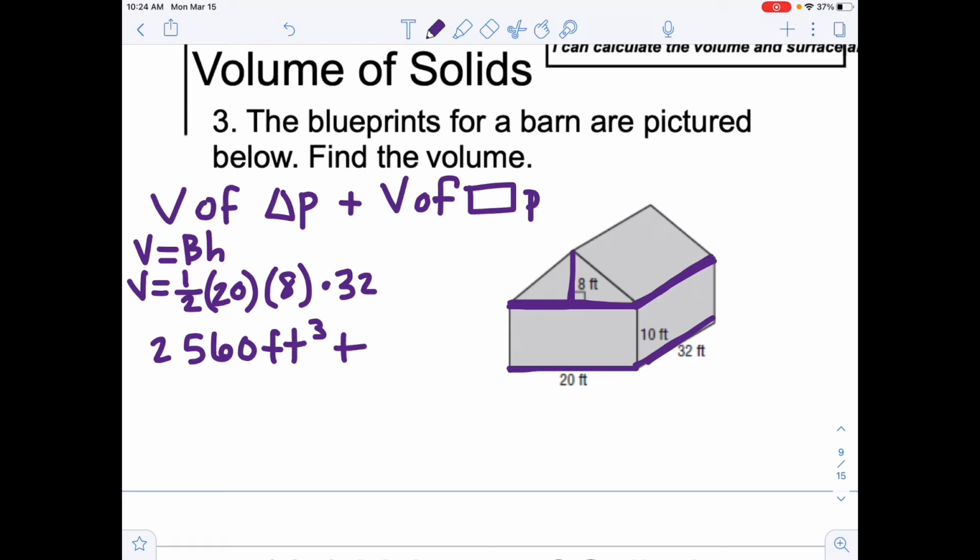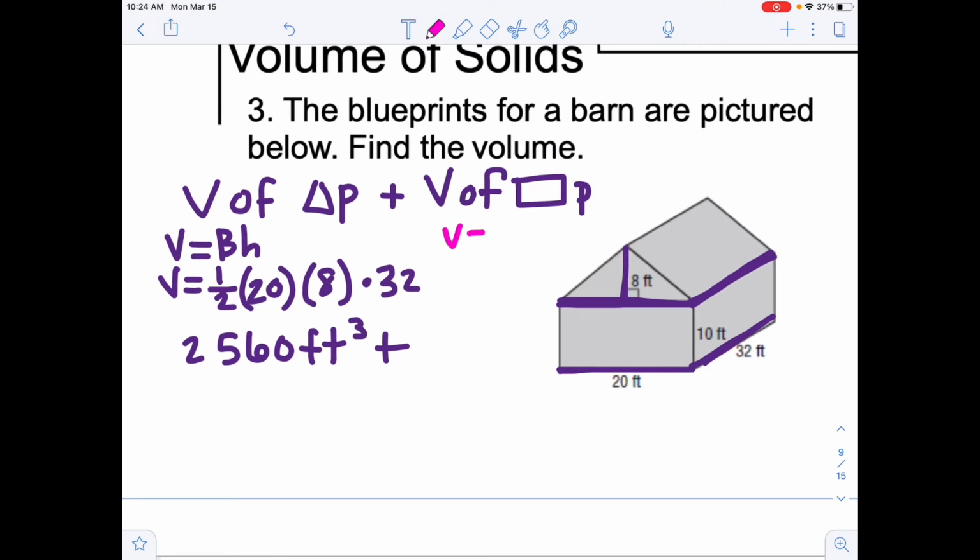And then I'm going to add that to the volume of my rectangular prism. So again, volume is area of the base times height. The area of the base of the rectangle is length times width. So I'm just going to do length times width times height. My length is 20, my width is 32, and then my height of the rectangular prism is right here, which is 10.